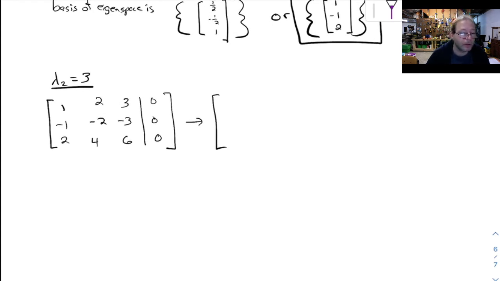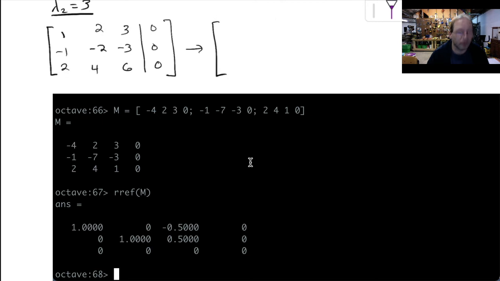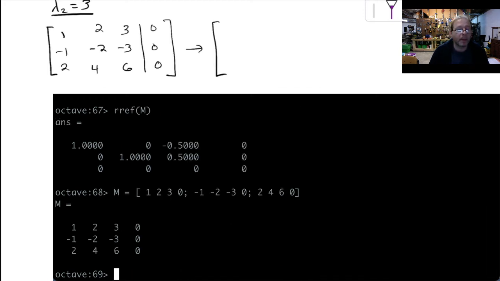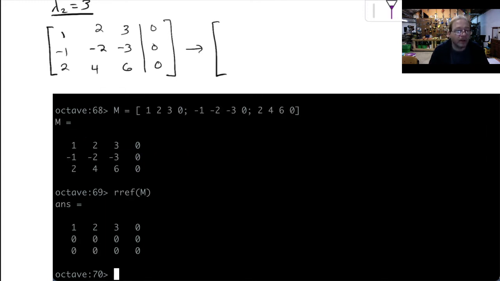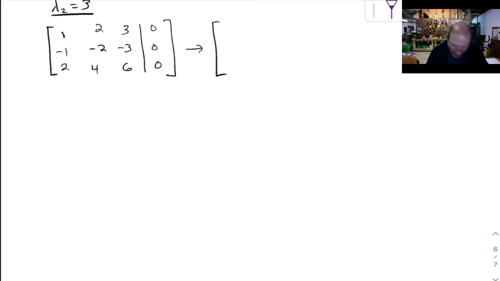Oh yeah, I can look at this and tell it's going to have two free variables because all of the rows are multiples of each other. So you get that, you reduce it, and yeah, you get 1, 2, 3, and then zeros everywhere else. Didn't really need Octave for that. I just sort of went on Octave autopilot there.